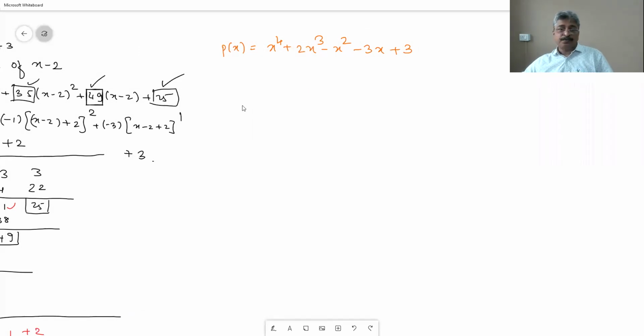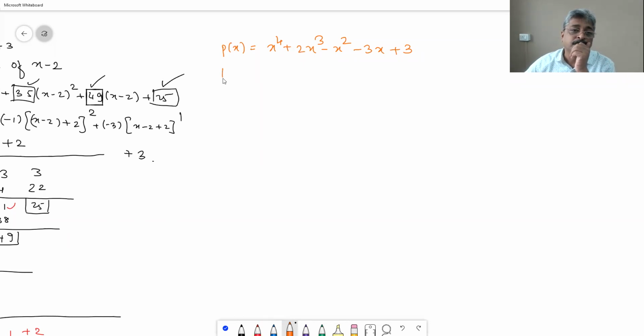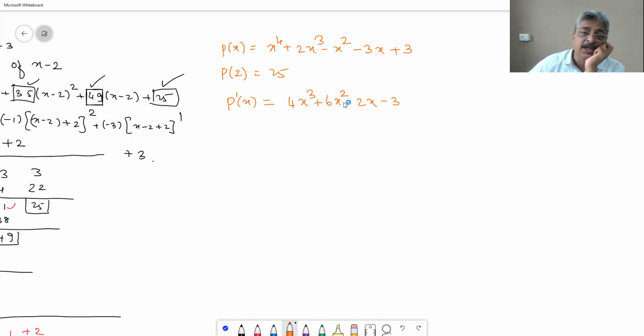What is p of 2? Correct? Let us find out p dash of x. 4x cube plus 6x square minus 2x minus 3.